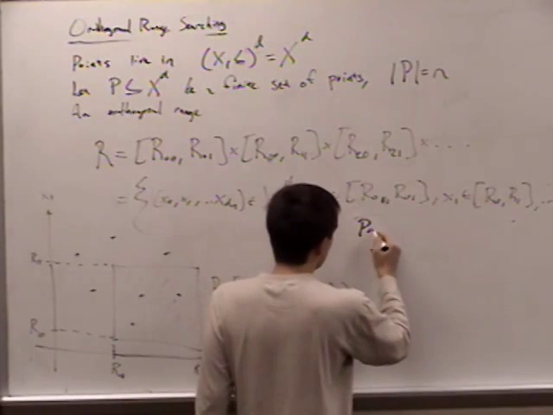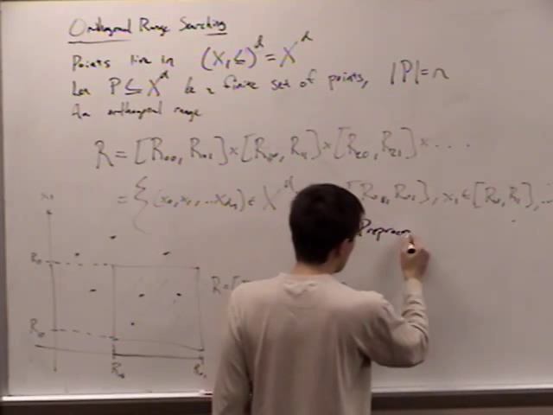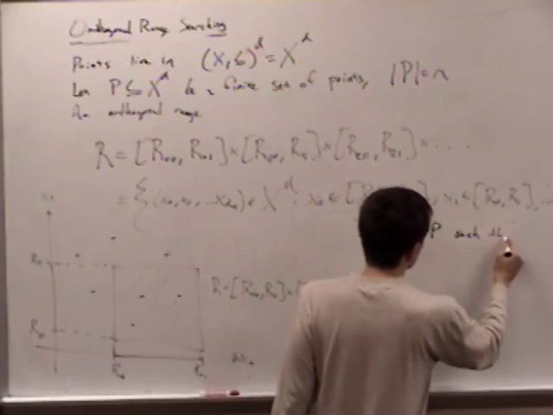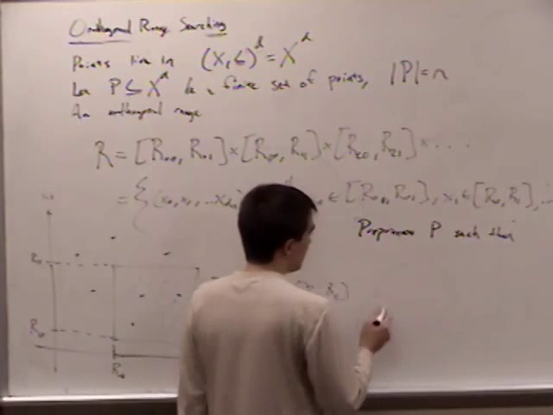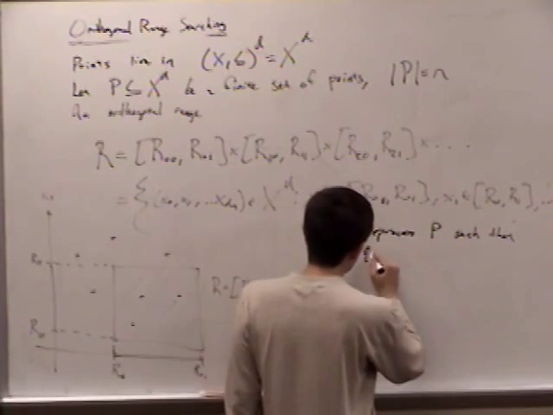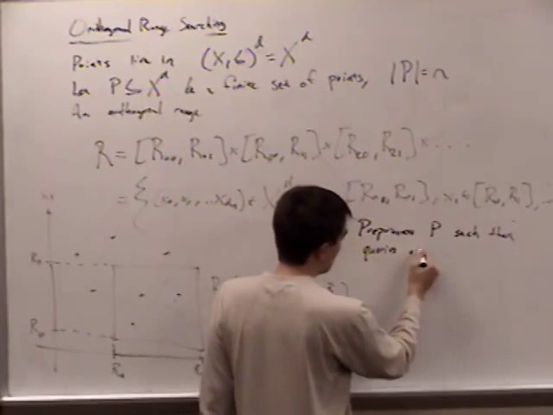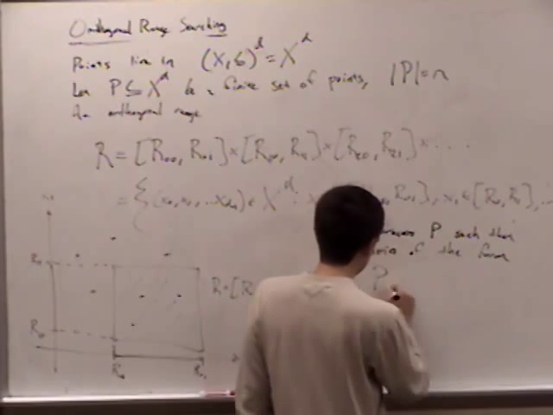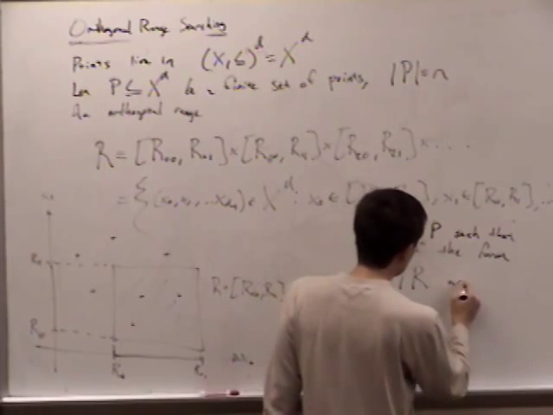And our goal here, what we would like to do, is we want to preprocess P such that queries of the form P intersect R are fast.